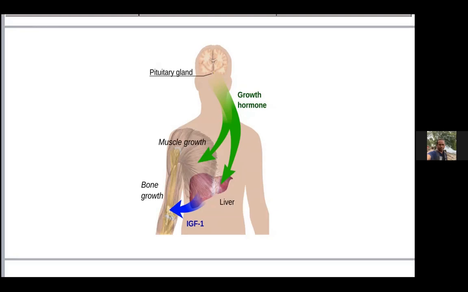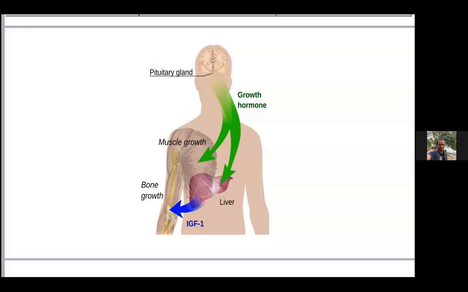Not only the actin and myosin, even the soft tissues increase in size. Most of the hormone reaches the muscles directly, and some reaches the liver, wherein it acts through the JAK-STAT pathway and eventually produces insulin-like growth factor 1, which is released into the circulation, and this again helps in bone growth.